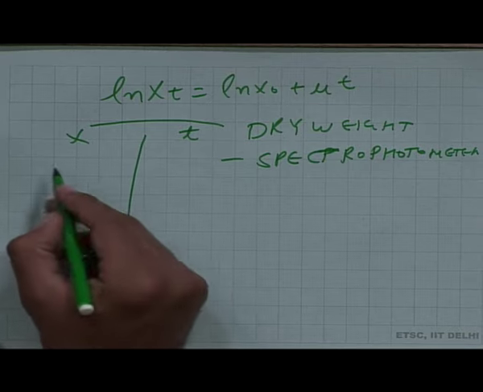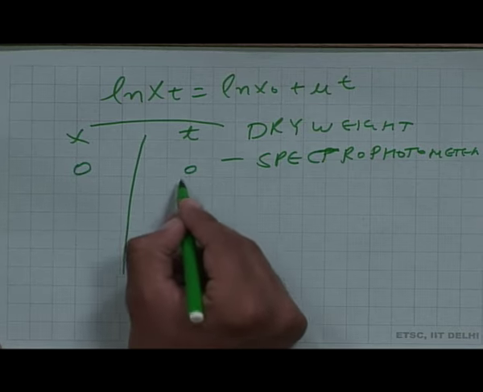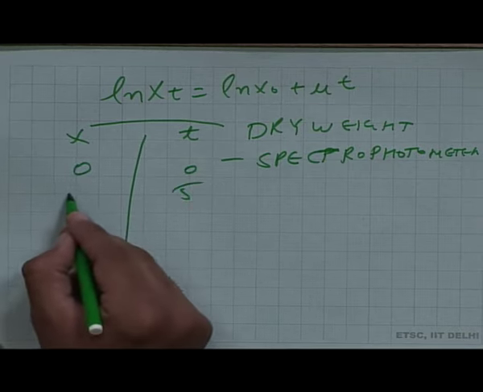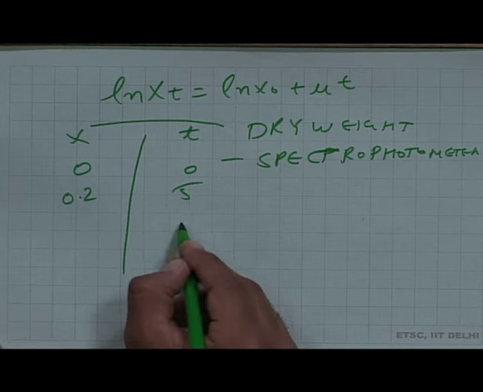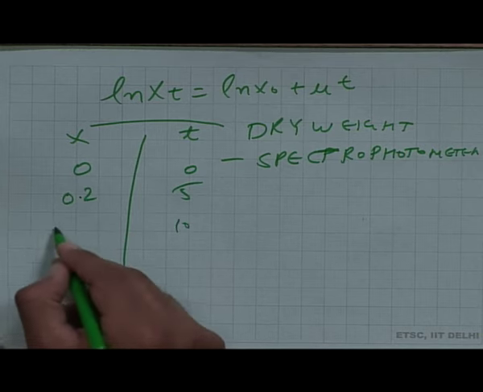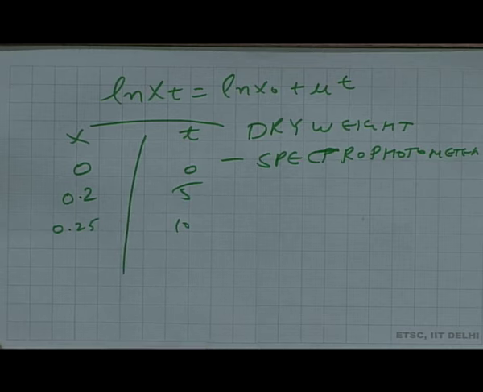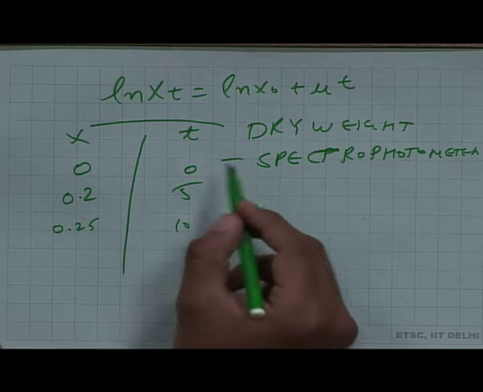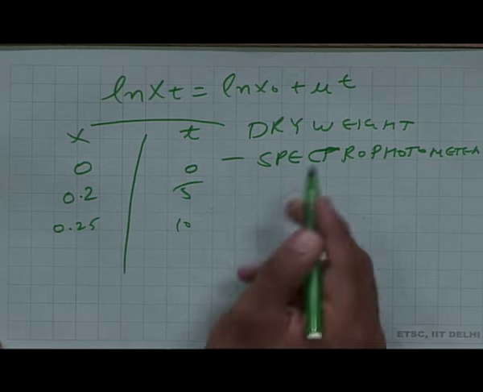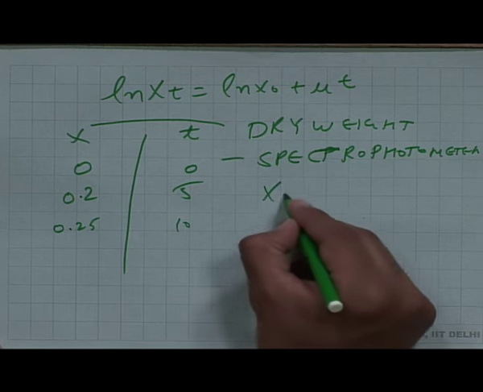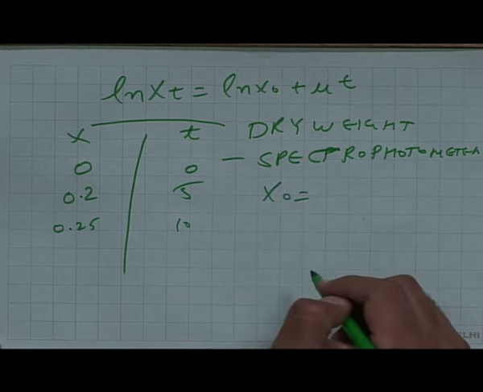So, it can be like this: 0, 0, let us say time in 5 minutes is 0.2, time in 10 minutes is 0.25, and so on and so forth. Once I plot ln x and time, I can get the slope, and I would know x 0 because x 0 is the starting point.